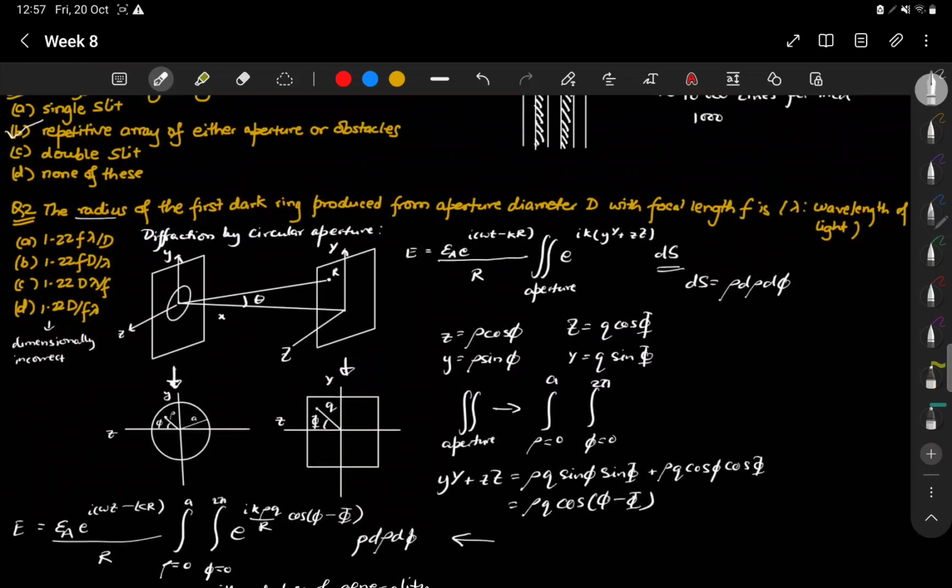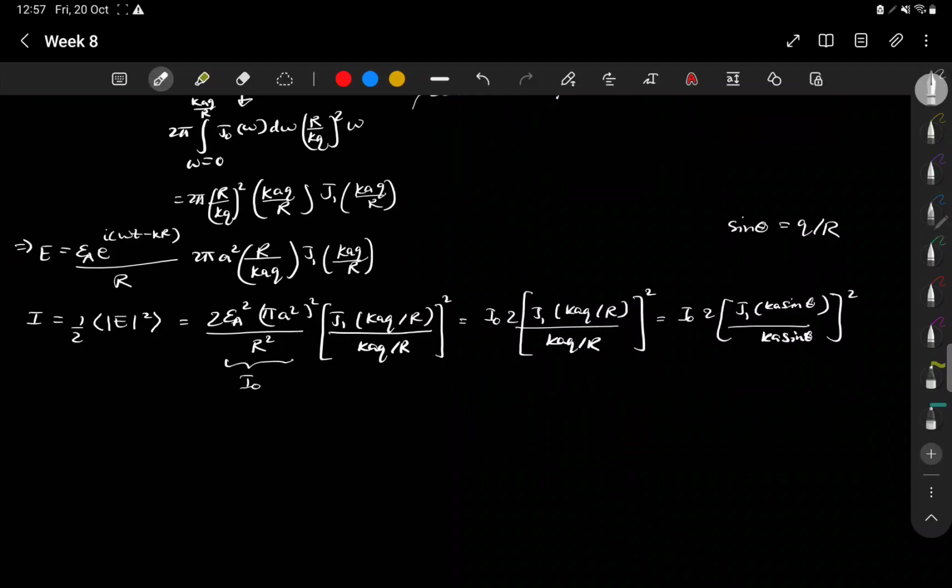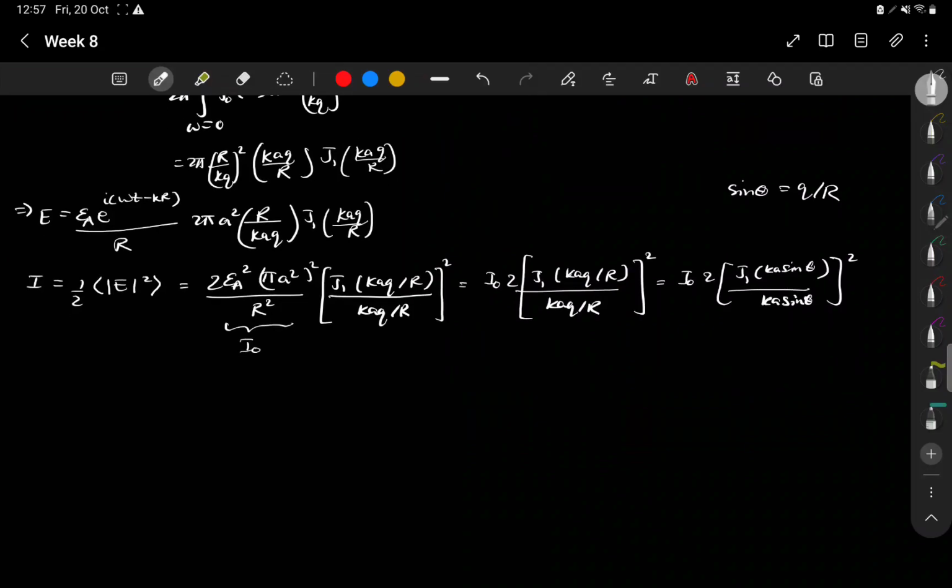From here you see sine theta, and this is q, so sine theta would be q over r. So this is the expression for intensity.